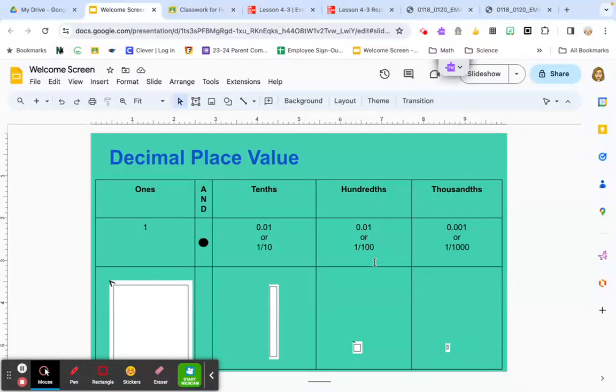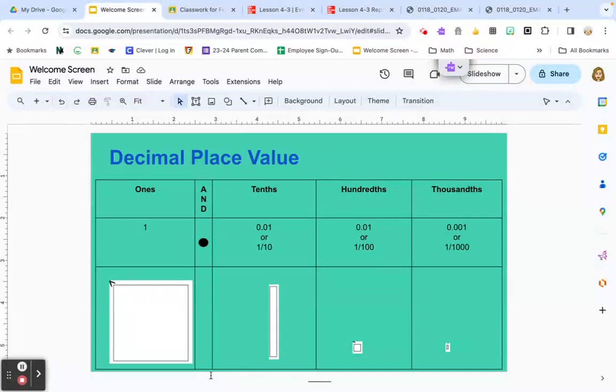All right, let's have a quick review about decimal place value. We have been working on decimal place value for the past few lessons. You have your ones. The decimal point, we say "and," not "point." Then we have our tenths, our hundredths, and our thousandths.